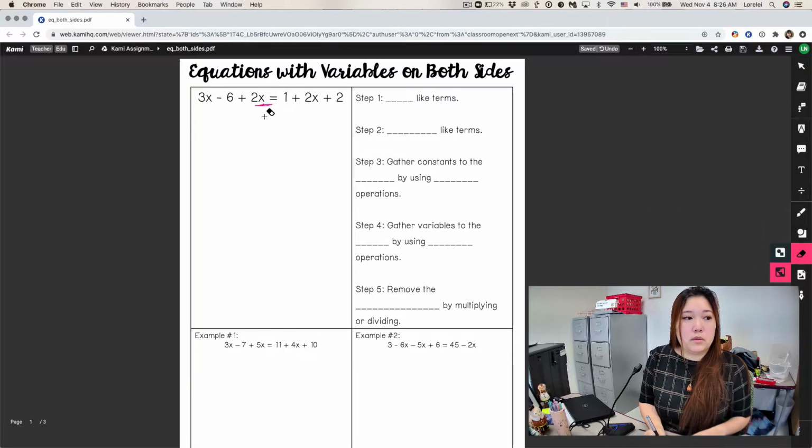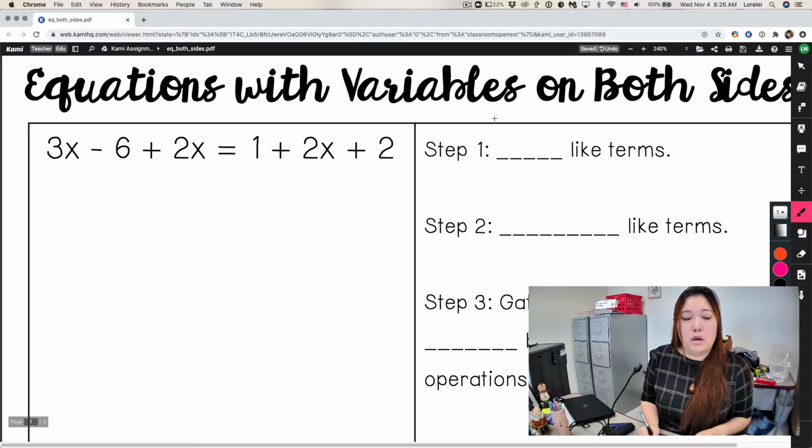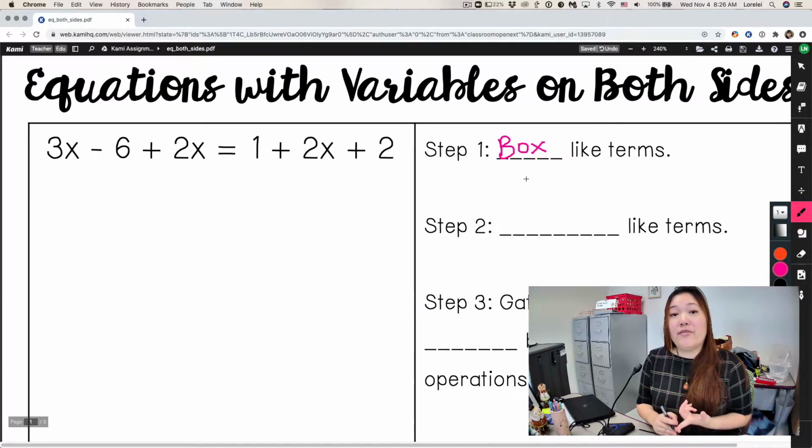Okay? So our first step should be pretty familiar to you, because we've already done this before. Our first step is to box the like terms. Remember, first of all, that like terms have to be on the same side of the equal sign to be like terms.